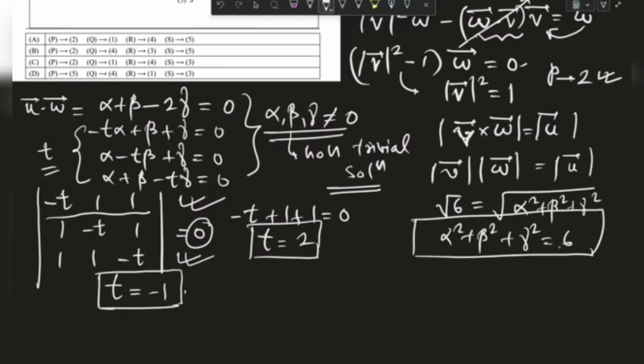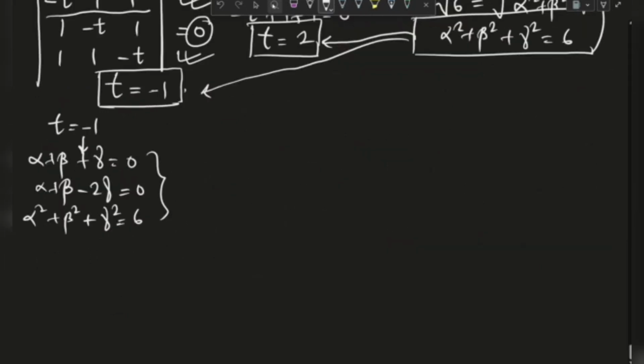Now we will try to manipulate the values of alpha, beta and gamma for these two values of t. So I have put the value of t as -1, and this is the final set of equations. Now if we add these two equations, we'll immediately get gamma as 0, and when gamma is 0, from this equation we will get alpha is minus beta, so we can directly put that here.